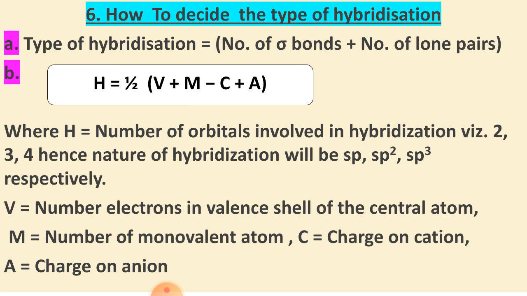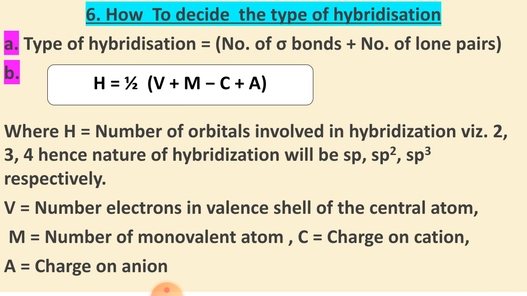One more example you can take, PCl6 minus. Now dear students, again P valence shell is 5. How many monovalent atoms are attached? 6. So 5 plus 6, minus cation, no, plus anion 1.